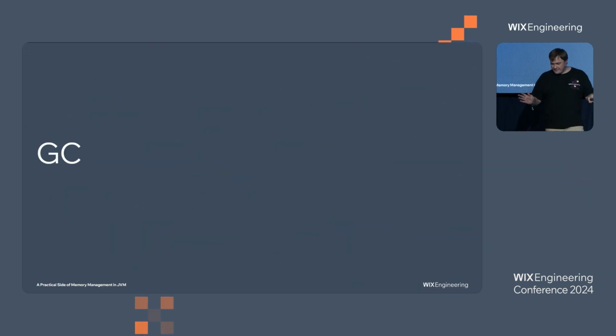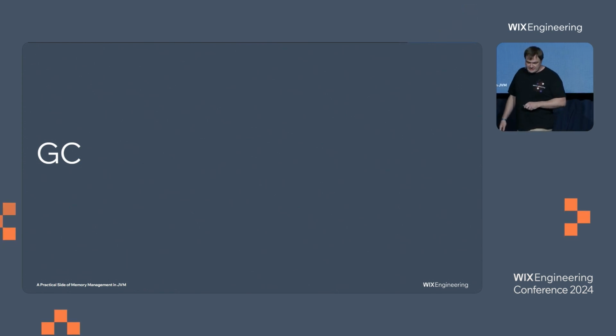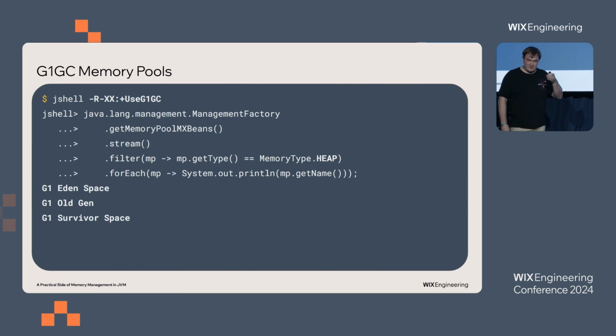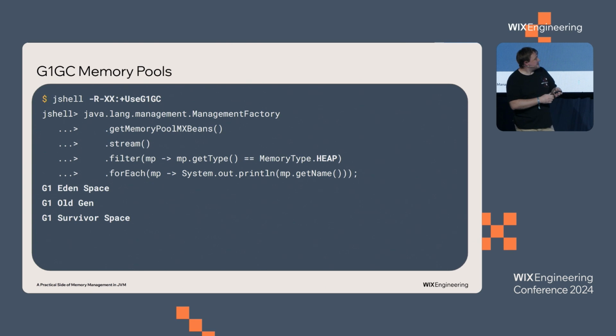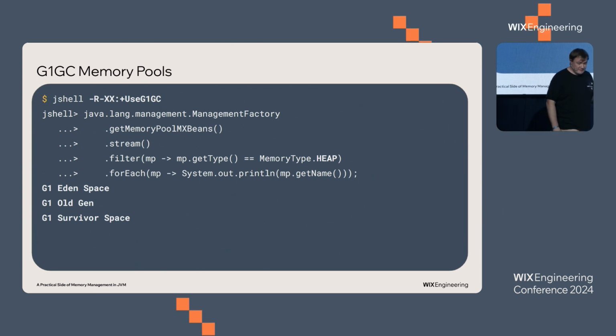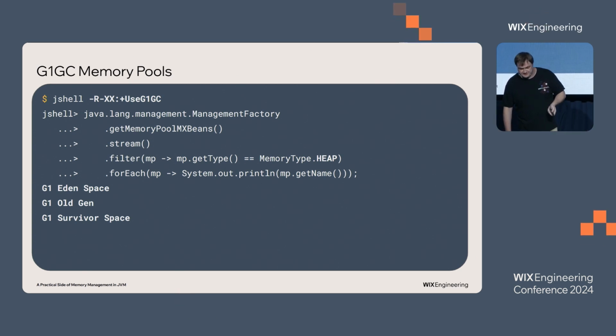Okay, now let's talk about the most important bit, which is garbage collector and memory related to garbage collectors. First, we have memory pools. Now let's focus on heap memory pools. We can see that for G1 GC, we have three memory pools: Eden space, survivor space, and old generation.